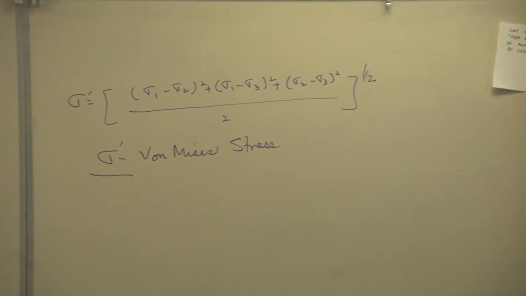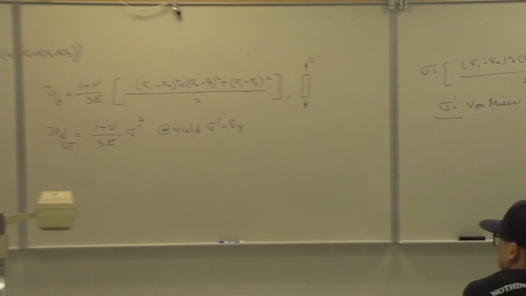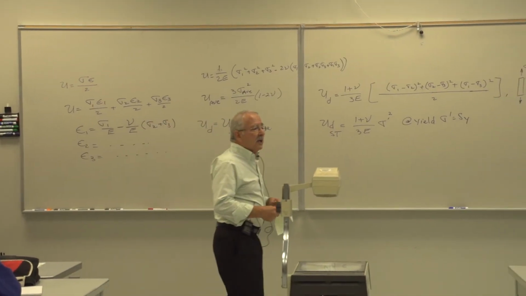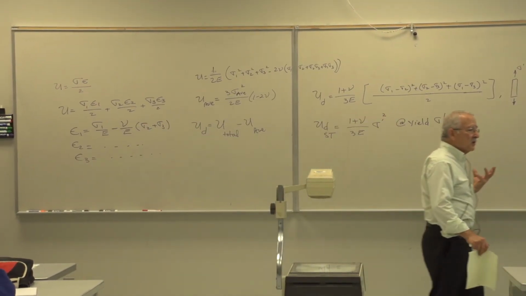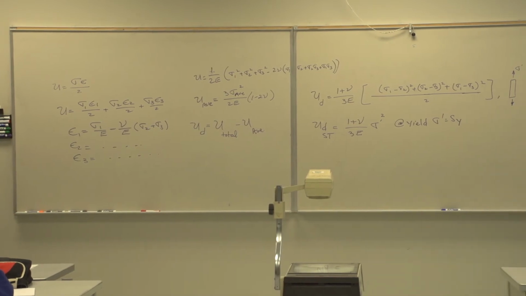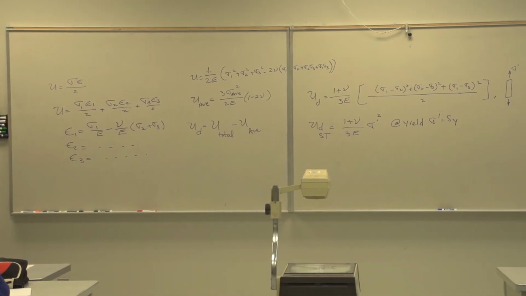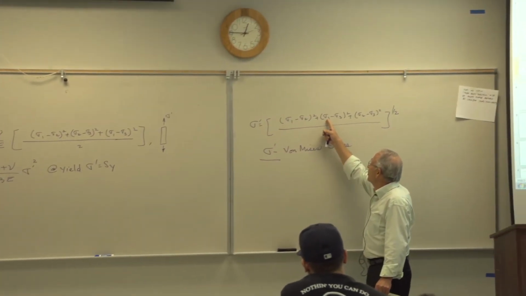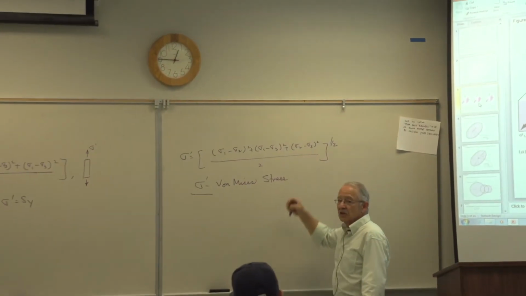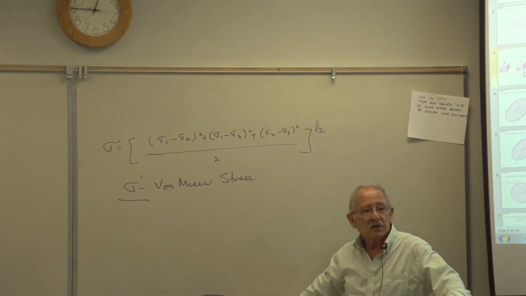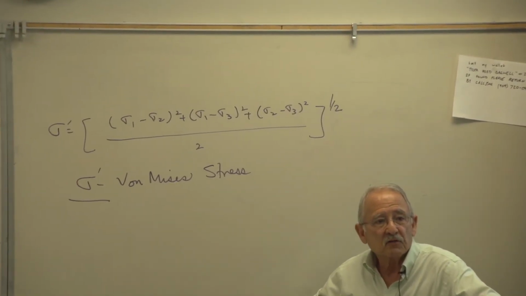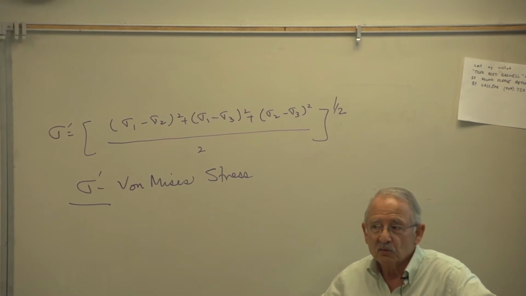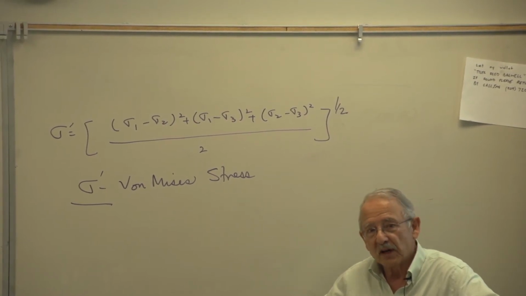Also notice that this too, although you don't see any shear stresses in that equation, it actually is representing shear stresses. Each one of these included in these three parentheses is 2 times the maximum shear stress from the 3 Mohr circles, right? Sigma 1 minus sigma 2 divided by 2, and all of that.